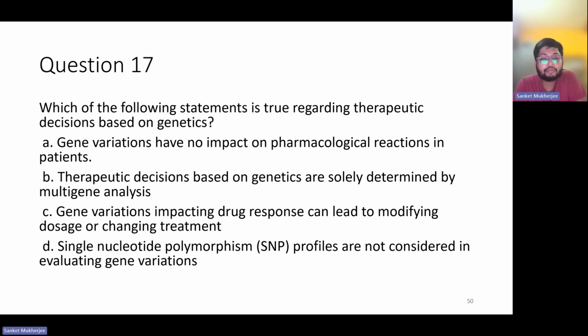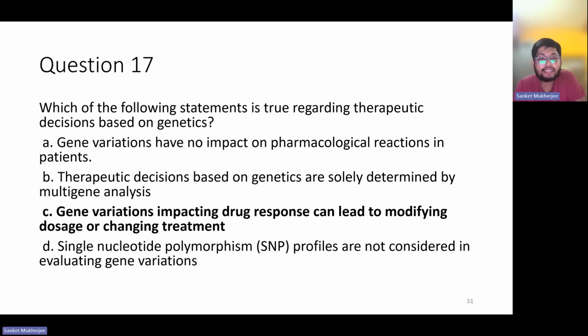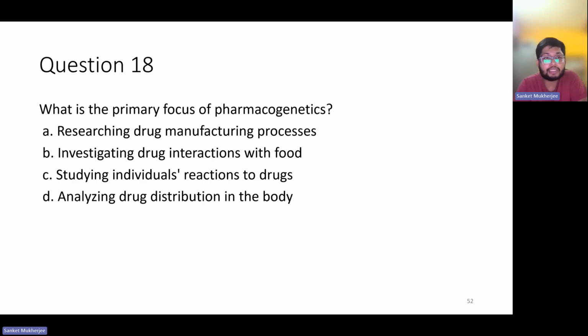Or D, single nucleotide polymorphism profiles are not considered in evaluating gene variations. Answer would be C. Gene variations impacting drug response can lead to modifying dosage or changing treatment.